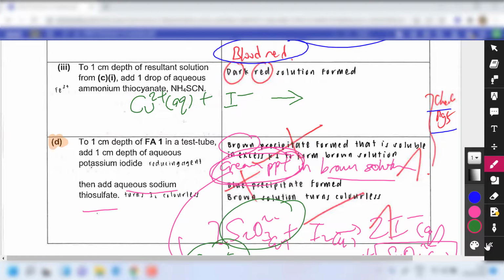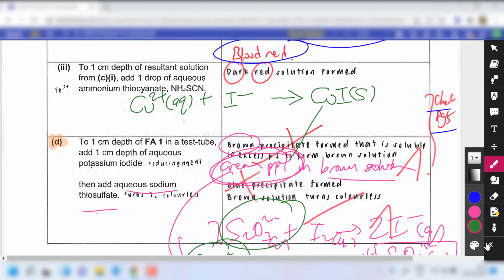It will be reduced to copper 1, but copper 1 is not a very stable cation in aqueous species. Copper 1 happens to form a white solid, a very, very insoluble precipitate with iodide. So this is the so-called milky cream or white PPT which you observe.